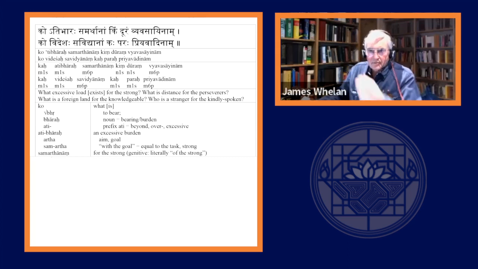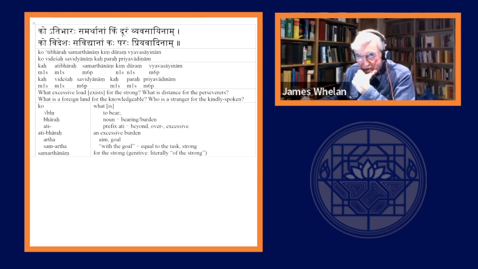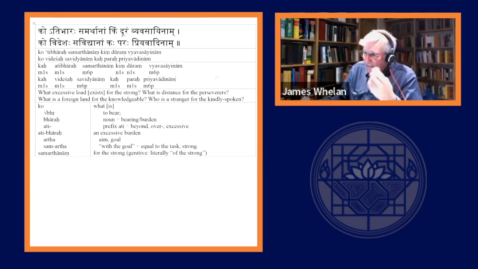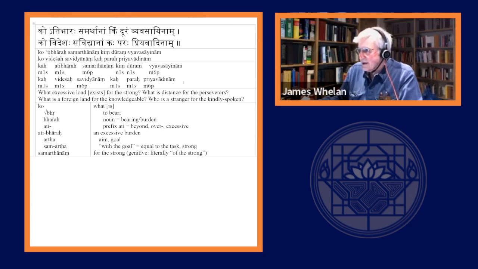So if you put this in the chaturthi, the dative, the fourth case, ko para priyavadibhyah, it just wouldn't sound right. It would exactly translate as for the sweetly spoken, but it just wouldn't feel right in Sanskrit.